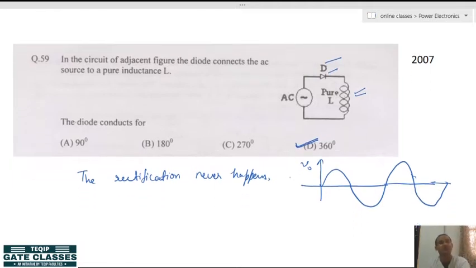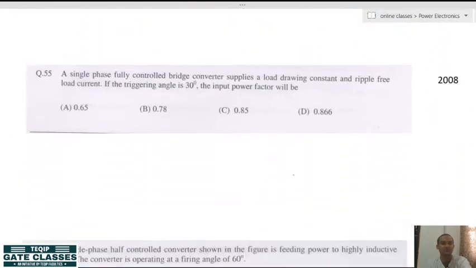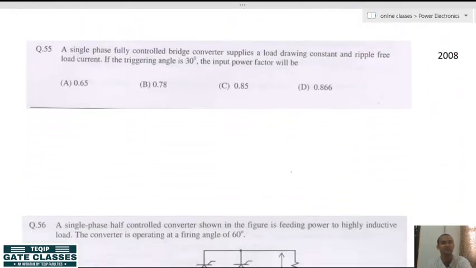See how simple the questions are. Now, next question, from 2008. A single phase fully controlled bridge converter supplies a load current that is constant and ripple free. I have told you that sometimes they mention constant and ripple free, sometimes continuous ripple free, sometimes constant load current.